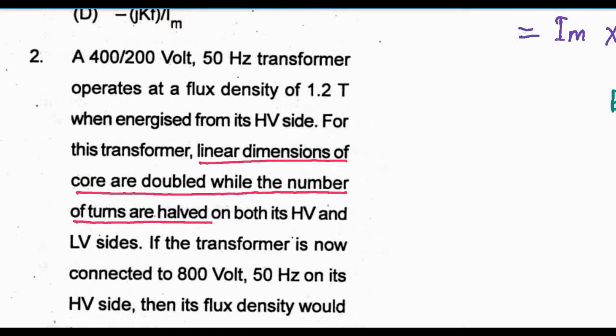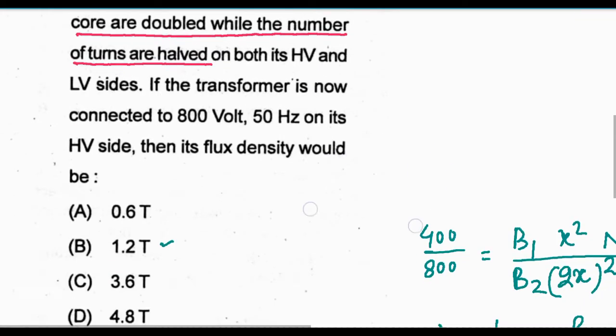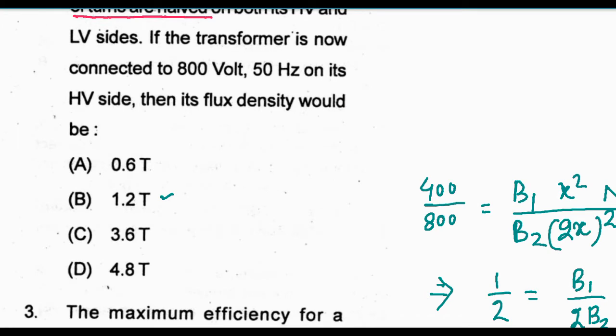So here two pieces of information: one is linear dimension of the core are doubled and second is number of turns are halved on both sides. If the transformer is now connected to 800 volt 50 Hz on its HV side, then its flux density would be. Options are option A 0.6 Tesla, option B 1.2 Tesla, option C 3.6 Tesla and option D 4.8 Tesla.